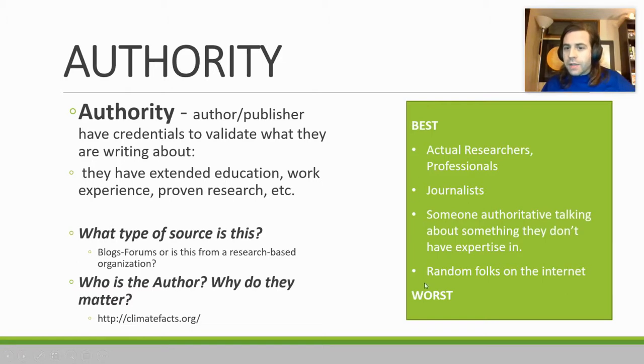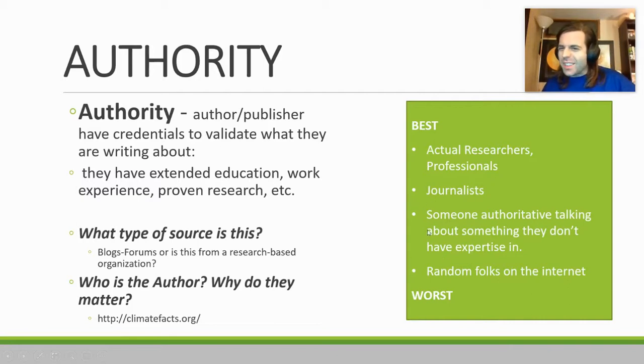So from best to worst, obviously the most knowledgeable people are going to be professionals in those industries or actual researchers and scientists, scholars who are studying these things. Next best is journalists who actually talk to the best sources and the best people. Obviously, there's a range of journalists because not all journalists are on the same level, but generally they're meant to inform us, and most of them are doing a pretty good job.